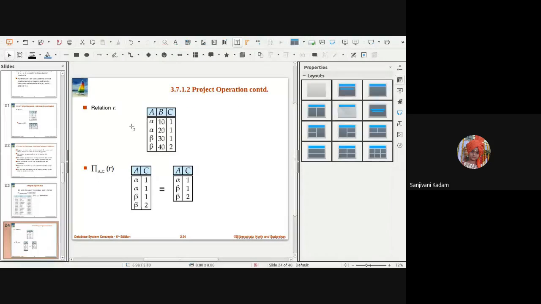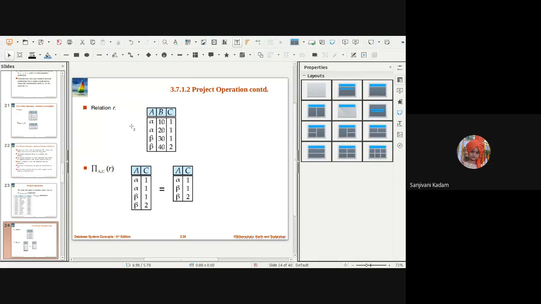So here, relation R is given. Within that, consider we are willing to list only the A and C attributes, not willing to display the B attribute.